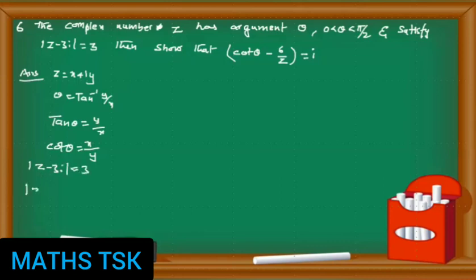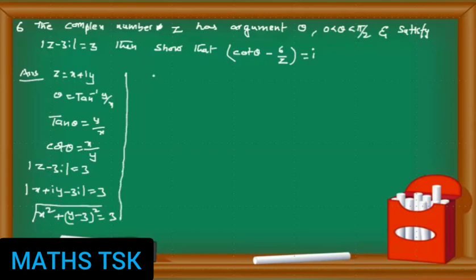This can be written as modulus of x plus iy minus 3i is equal to 3. This can be written as square root of x square plus y minus 3 whole square is equal to 3. So from this you can write x square plus y square minus 6y plus 9 is equal to 9. 9 gets cancelled. So this is equation number 1, that is x square plus y square, I can write it as 6y.